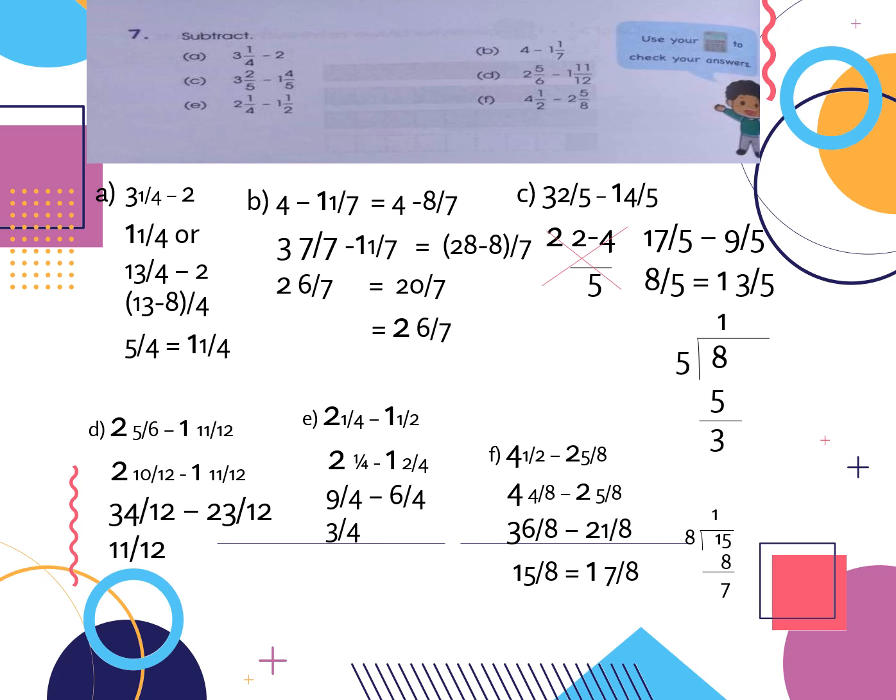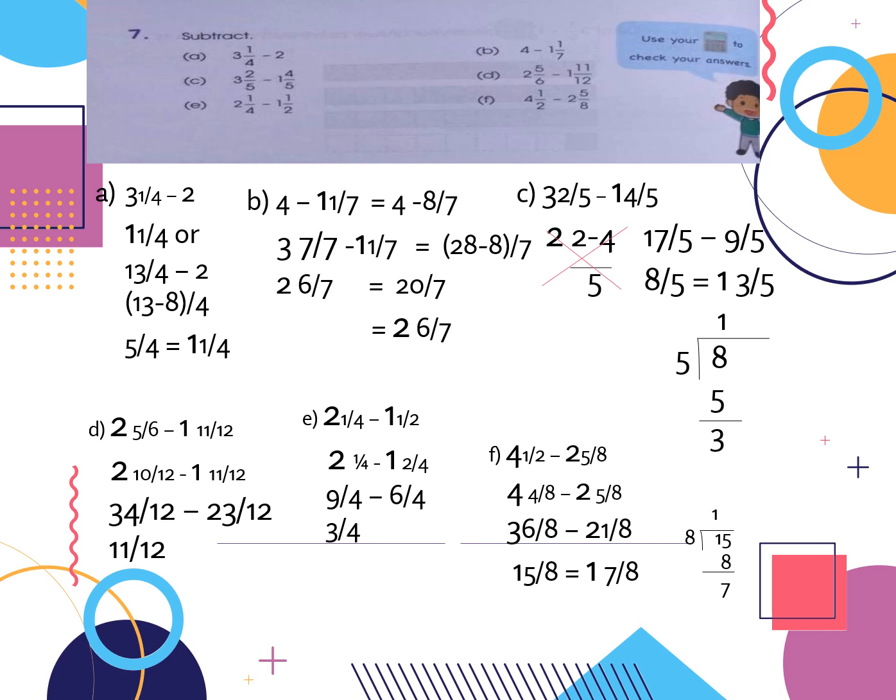For part C, we have 3 whole number 2 over 5 minus 1 whole number 4 over 5. Here, if we go the way where we simply subtract the whole numbers and then subtract the fraction parts, the way is wrong, because 2 minus 4 results in a negative value. So the better way to do it is to first convert the mixed numbers into improper fractions.